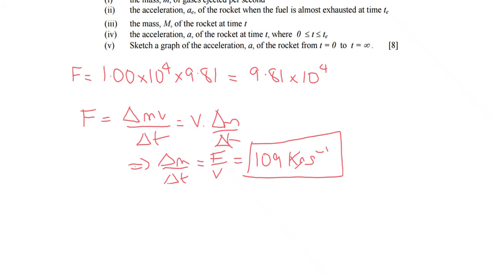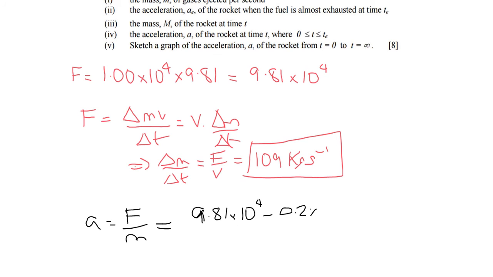Okay, so we're essentially going to be using Newton's second law. The resultant force acting on the object is going to be the thrust force of the rockets, but minus essentially the weight force of the object.